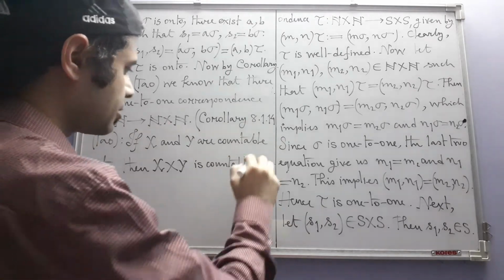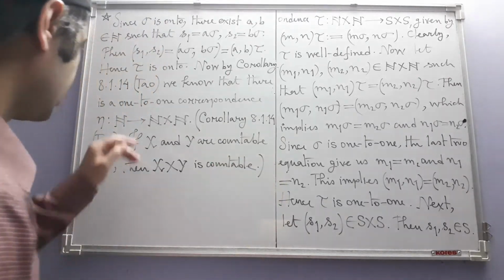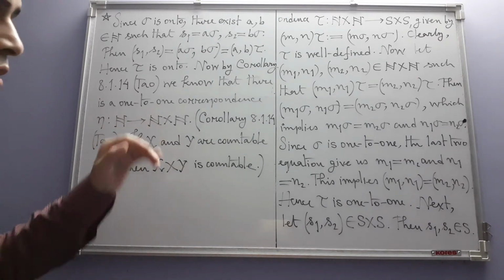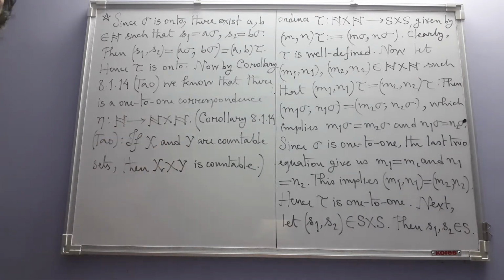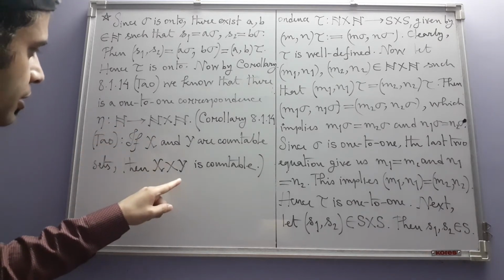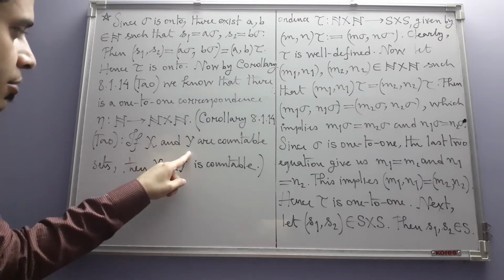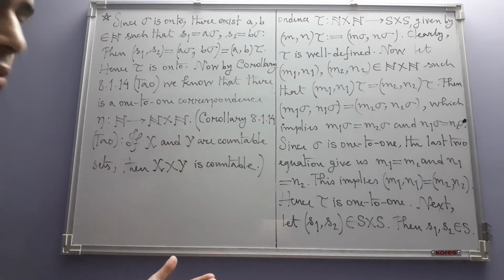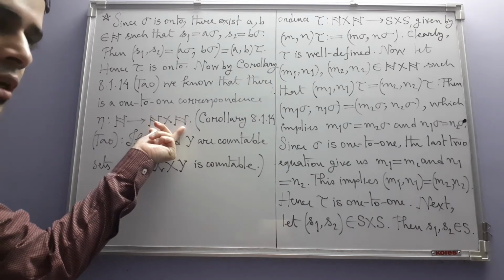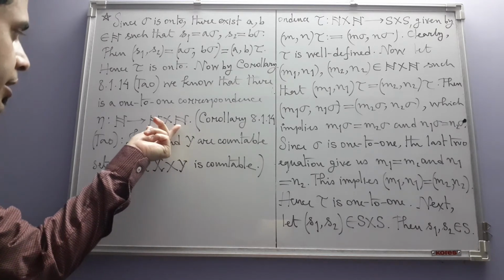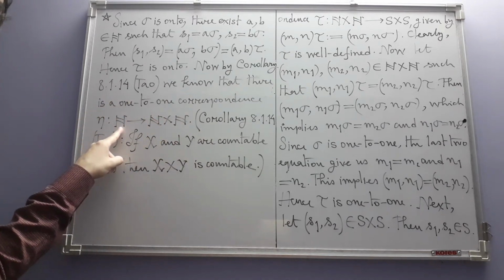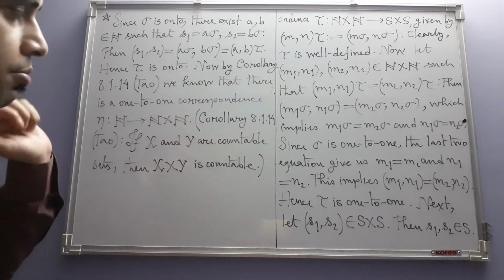So we know that the set of natural numbers is trivially itself a countable set. According to this corollary, if you take x and y both to be the set of natural numbers, then this becomes countable, and the definition of countability just says that there is a one-to-one correspondence between the set and the set of natural numbers. So that's how we are getting this one-to-one correspondence.